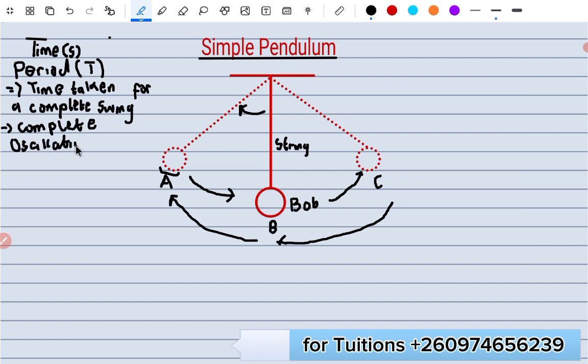These words shouldn't confuse you. An oscillation is just a swing. What we call a complete swing is when it swings from A to B to C and back to A.